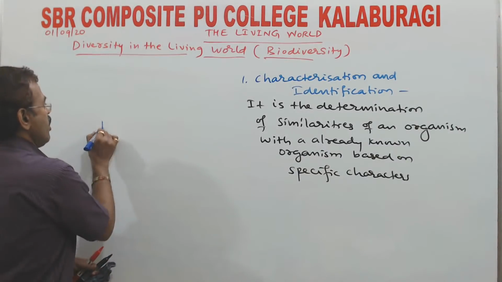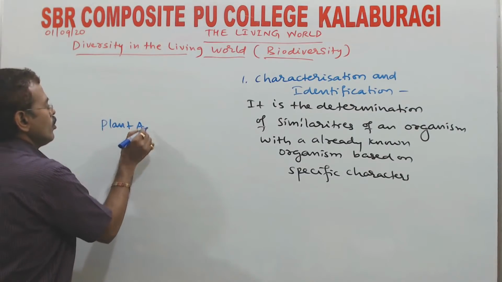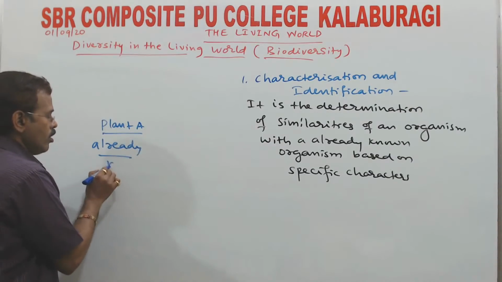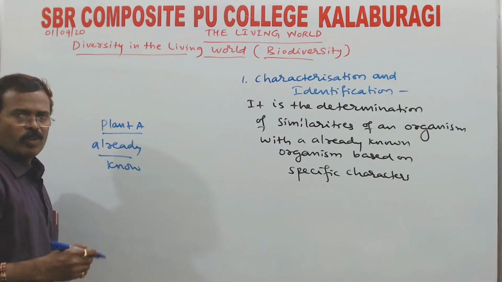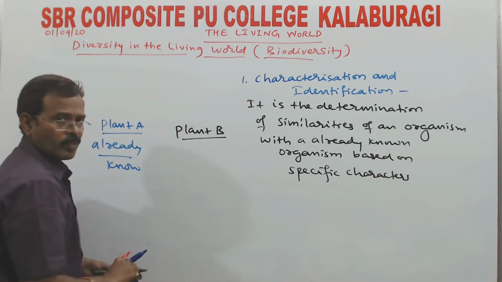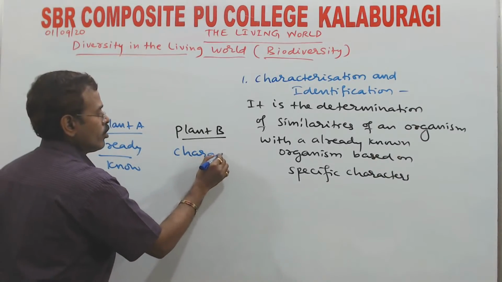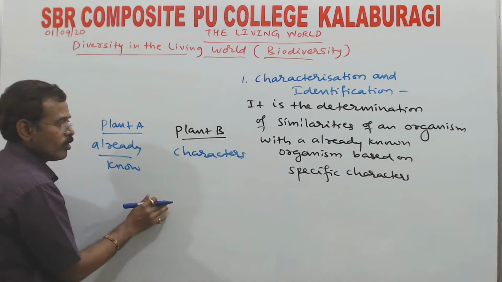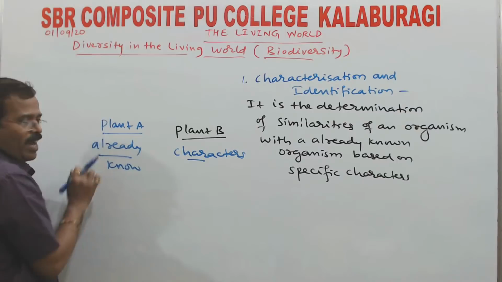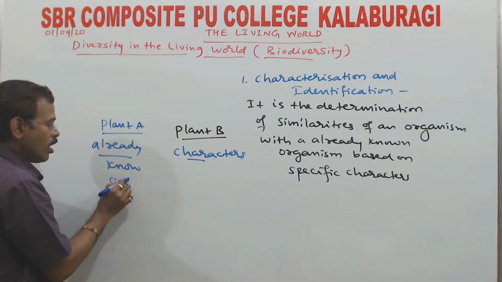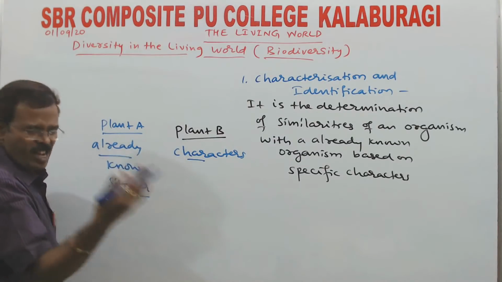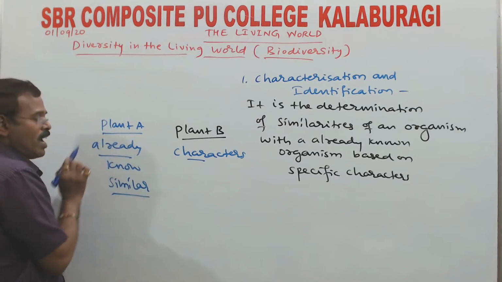Say we have plant A. We already know about this. When we do research in a forest, we find a plant B. We list out the characters seen in plant B, and the characters of plant B will be compared with the characters of plant A. Some characters will be similar between plant B, which is now seen, and plant A, which we already know.